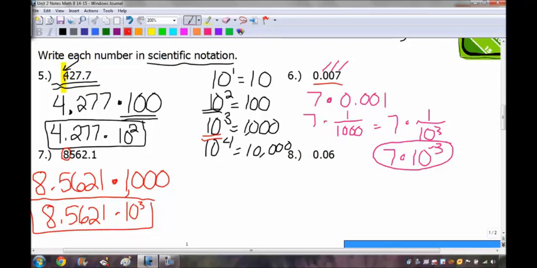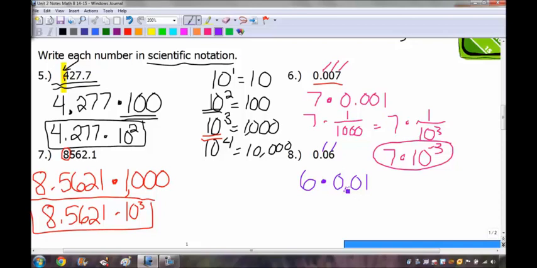All right, we're going to try one more together. And again, we'll get a lot more practice with this in class. So 0.06. I want to move my number over so that my number is between 1 and 10, my coefficient. So if I end up getting a 6 here, I could say it's 6 times, this is the tenths place, this is the hundredths place. So 6 times 0.01. Okay?